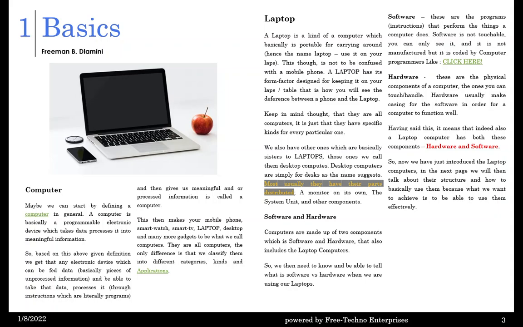Meaning that if you have a device that can take in data, such as numbers, say we have 5 people from the north and 5 people from the east, and the device can take that data, combine and process it, and give you information, like we have 50 people who are jobless, or people who are infected, you understand? That's a computer. So that's the meaning of a computer, right?